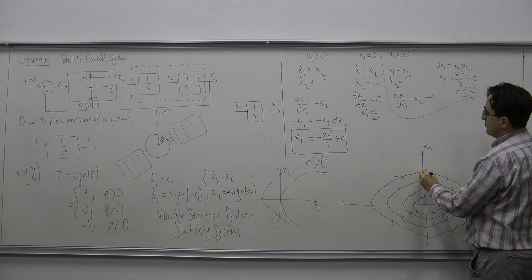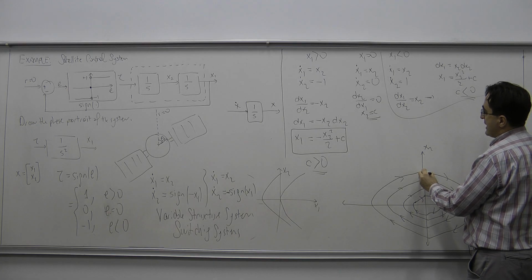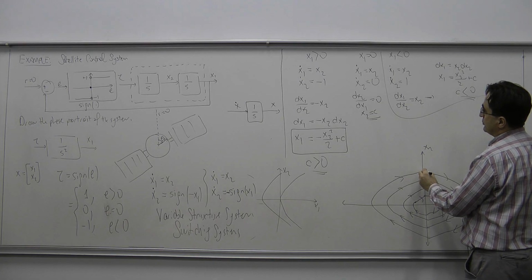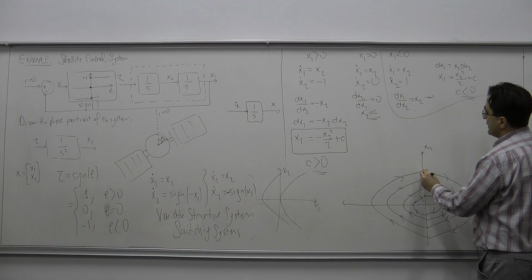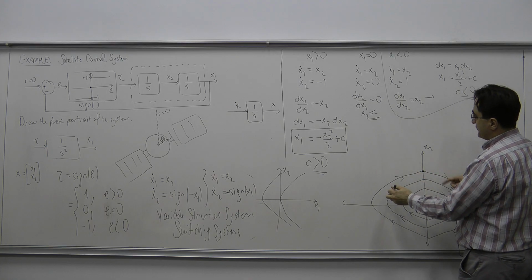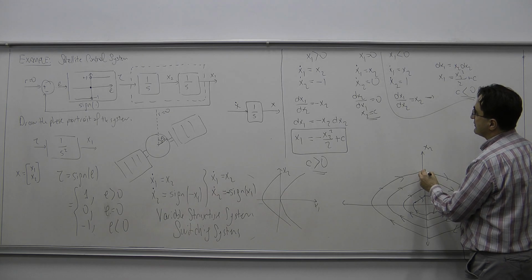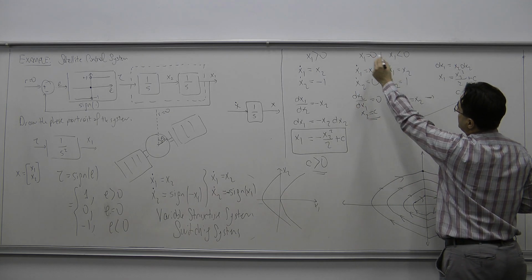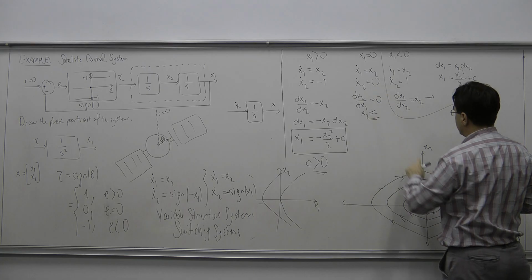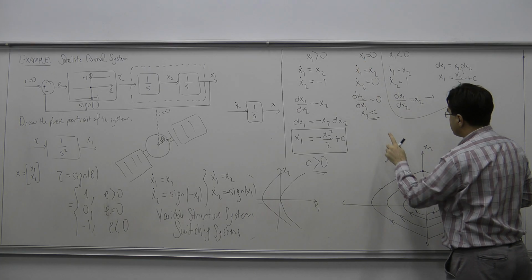Suppose that we are somewhere here when x2 is positive, okay? If the trajectory ends up here on this line, then this dynamics becomes valid because x1 is equal to 0 there, okay?